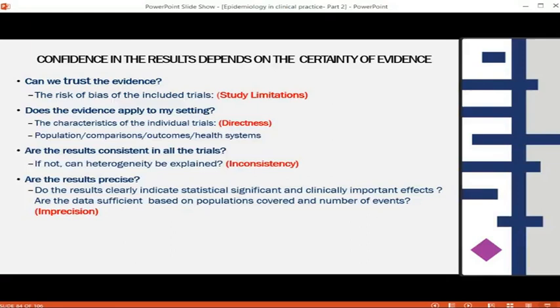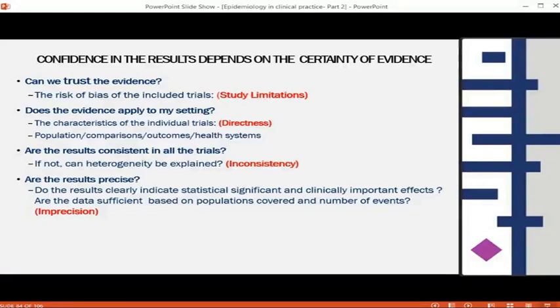And if I look at the least estimate, will I have the same decision or will I change my decision? If you have the same decision, whether it's the upper or the lower limit of the confidence interval, that result is precise. If you have a decision which is different, depending on whether it's the upper or lower end, then that result is not precise, and your confidence in the overall result comes down, right?